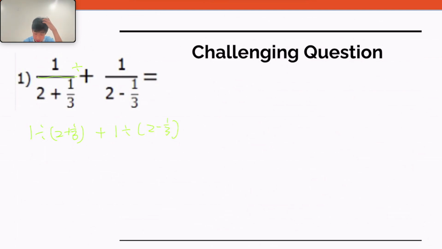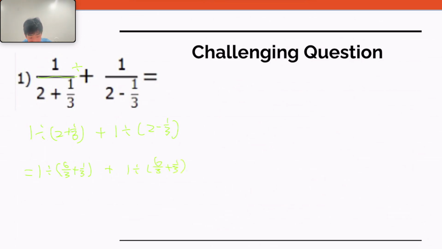So in this case here, you have to do the operation inside the brackets first. You convert them to the same denominator. This will become 6 over 3 plus 1 over 3, plus 1 divided by 2 minus, this will become 6 over 3 and 1 over 3.